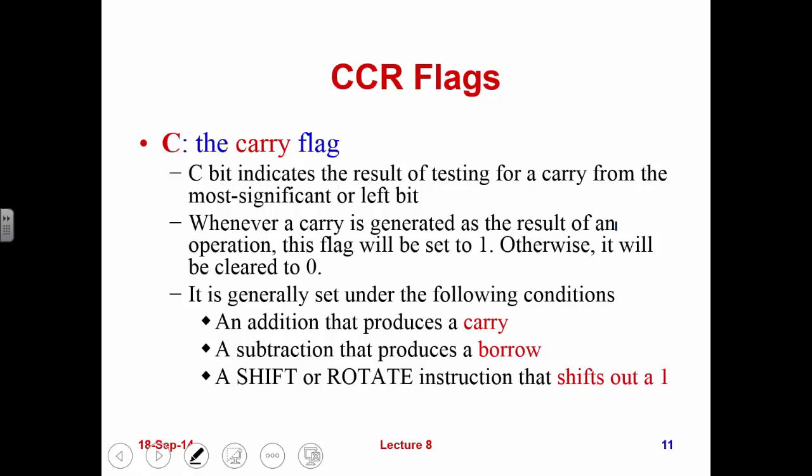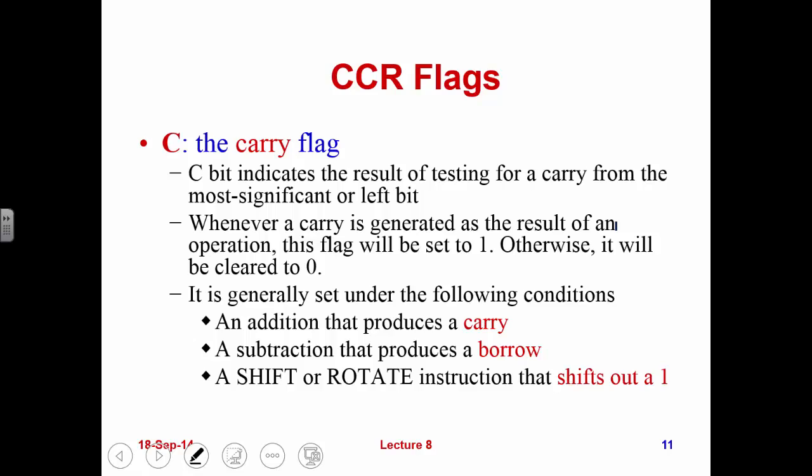It indicates whether the CPU operation, the arithmetic operation or the logic operation, involved a carry or not. So in other words, if this bit is 1, that means the previous operation had a carry happen.